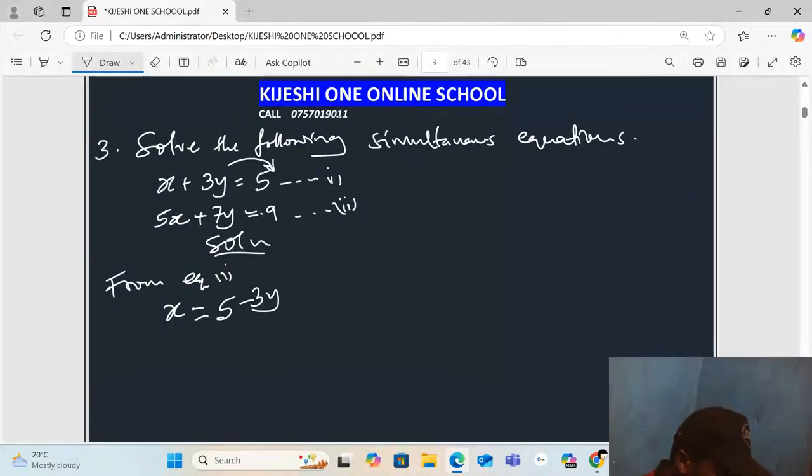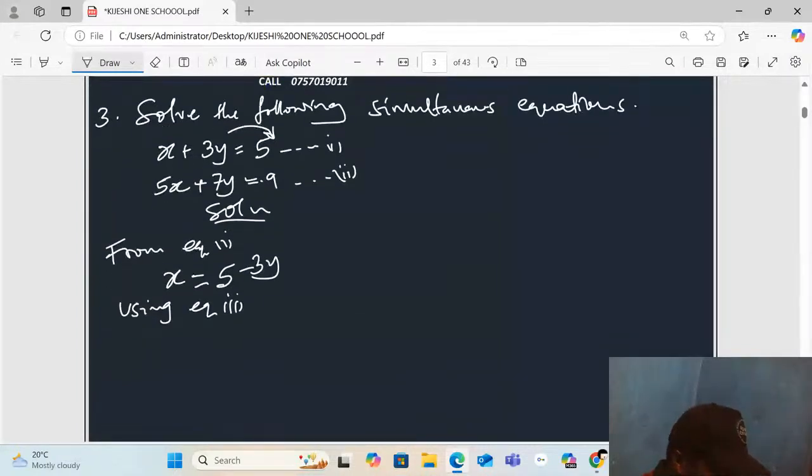Using equation 2, we can say 5x plus 7y equals 9.